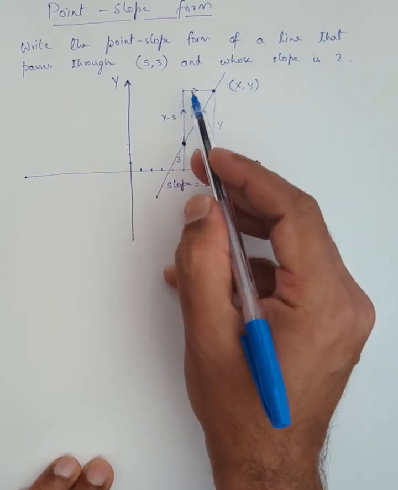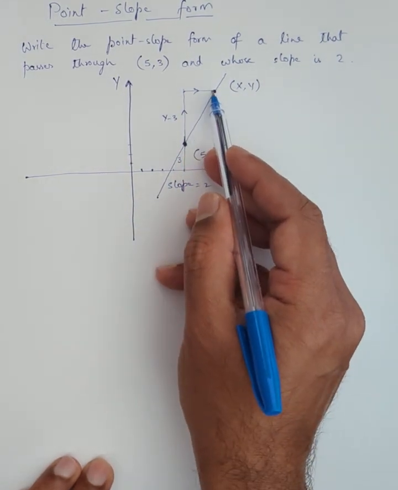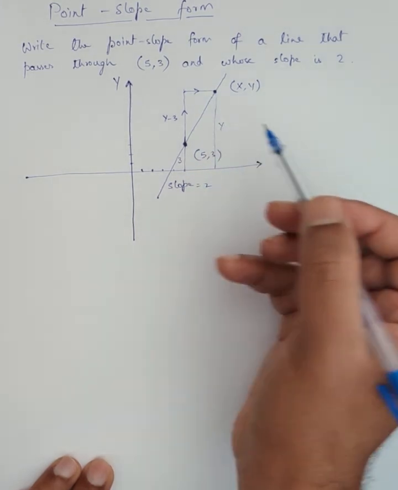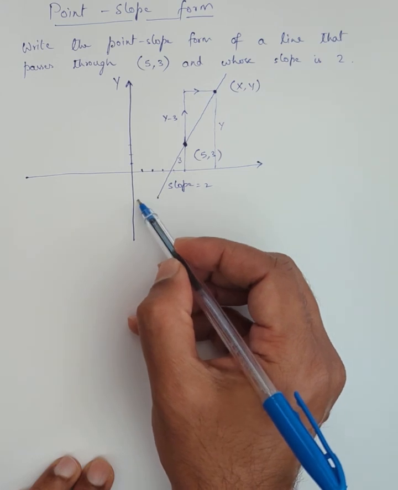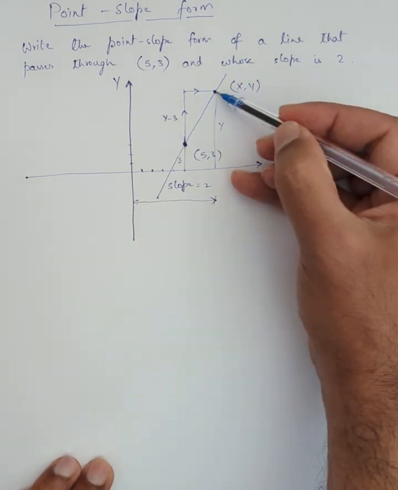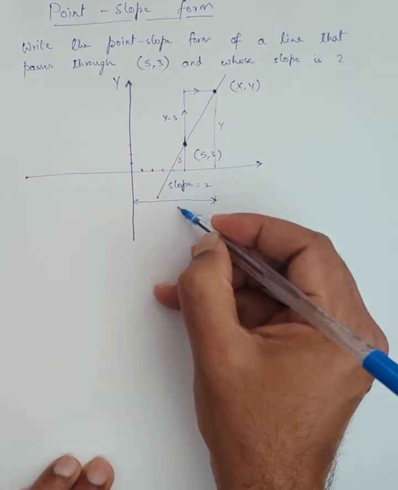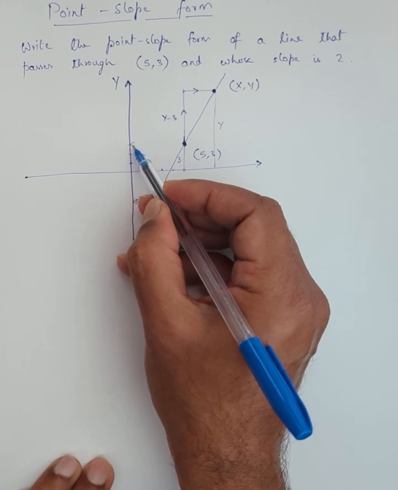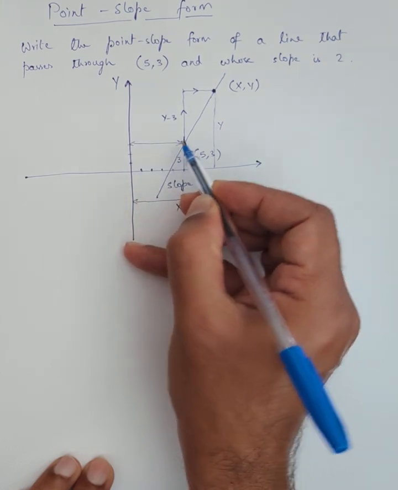And what about the run? So this run is the same as this run. And what I know is the horizontal distance of this point is x. And I know that this horizontal distance is 5.